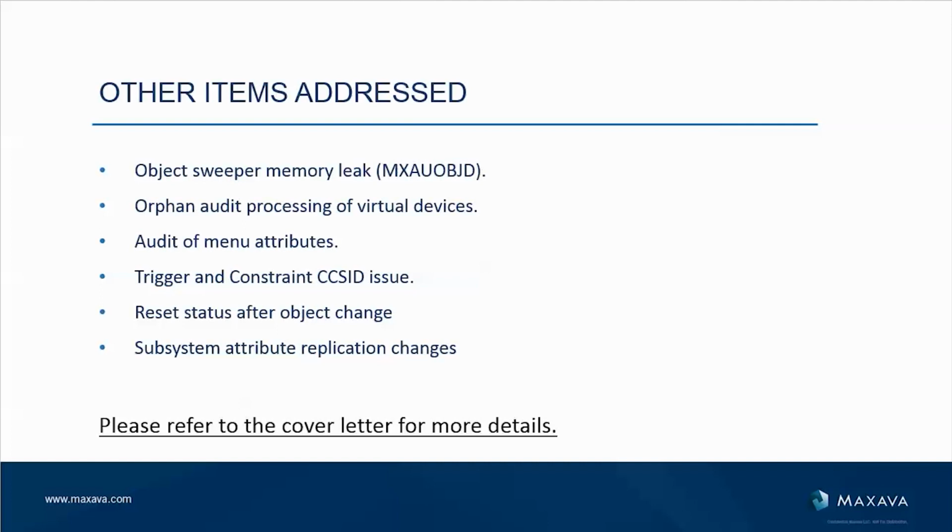Triggers and Constraints CCSID issue has been corrected. A reset status after object change has now been corrected, fixing the status field updates. Subsystem attribute replication changes have been made to support *LIBL processing. Please refer to the cover letter for full details.